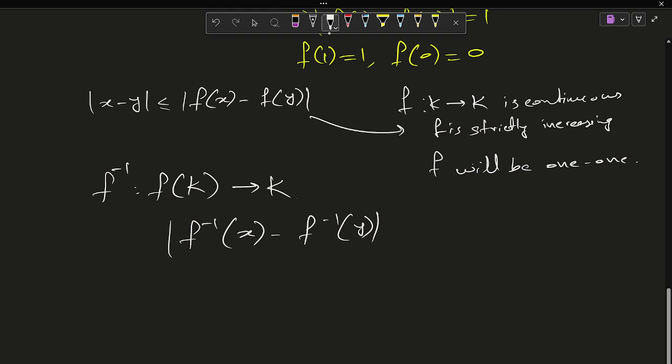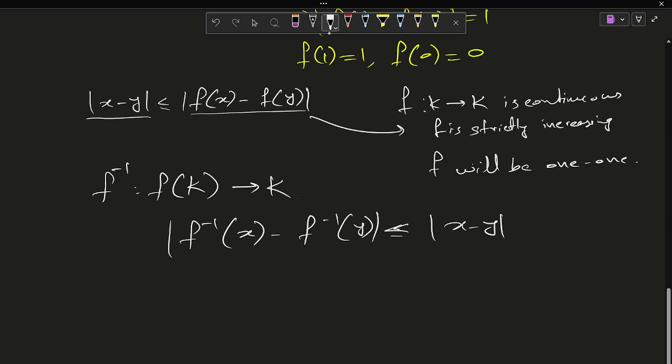For our given condition, the conditions of the domain are here and the range is here. For the function f, this will be my domain part, and this will be my range part.